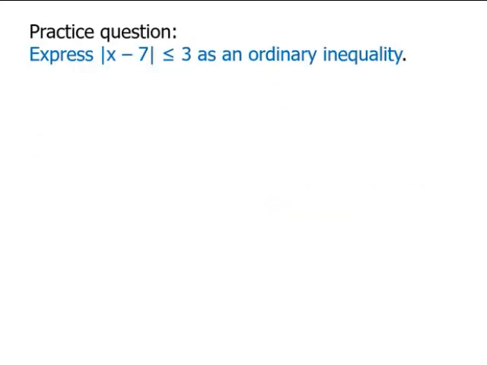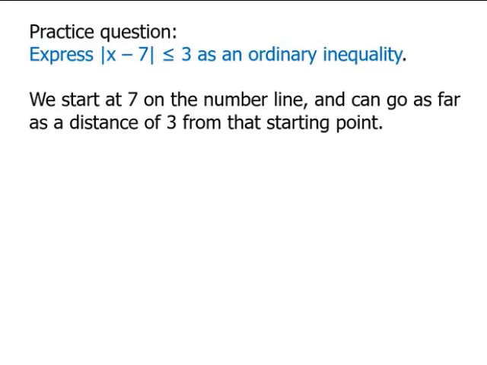Here's a practice question. Express absolute value of x minus 7 is less than or equal to 3 as an ordinary inequality. Pause the video and think about this for a moment. Okay, so what we're saying is that if we start from 7 on the number line, we can go up to and including a distance of 3 in either direction.